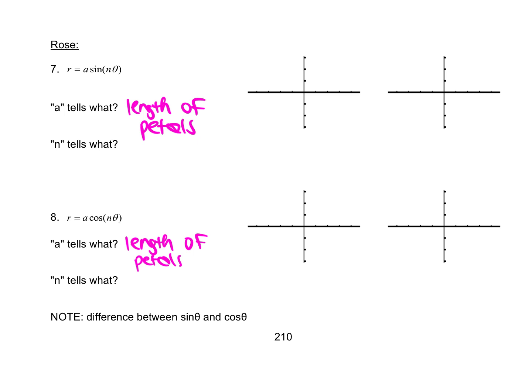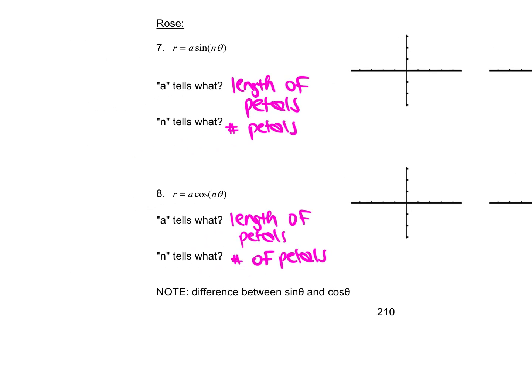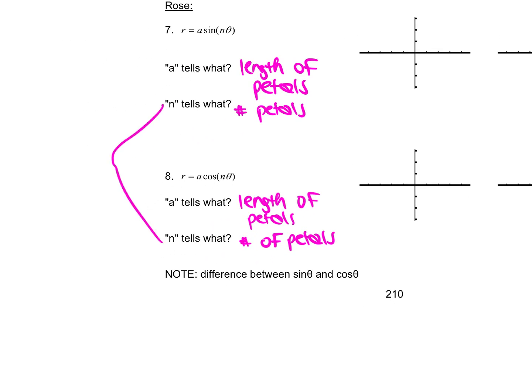In both of them, n tells us the number of petals. However, there is a key difference between different types of n. In both of these, if n is even, there are 2n petals.